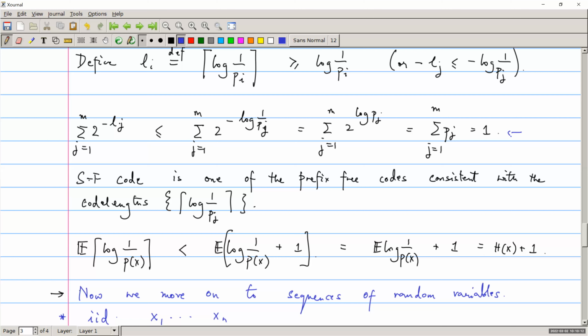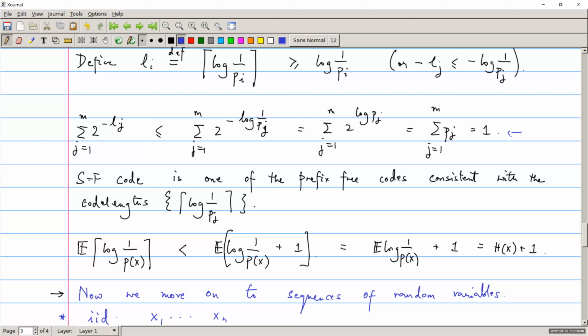Okay, here is a point to note. If you're encoding 10 realizations of a random variable with the Shannon-Fano code, it's not the same as encoding each one separately with the Shannon-Fano code. What you do is you write the joint probability distribution of all these random variables taken together, and use the Shannon-Fano code on those probabilities.